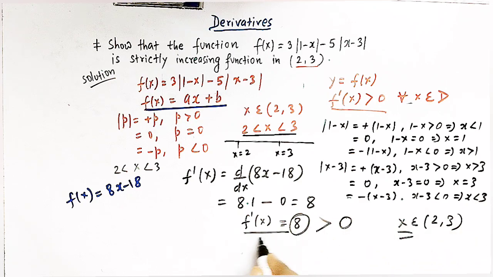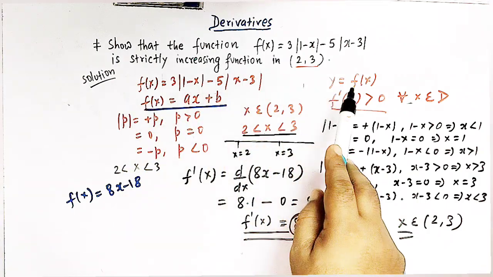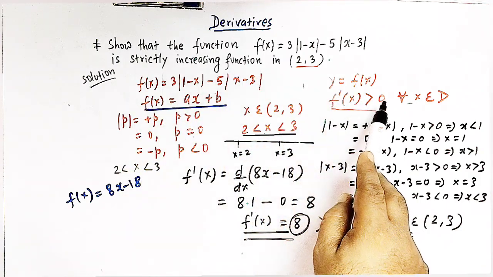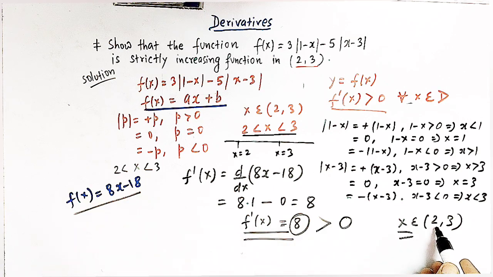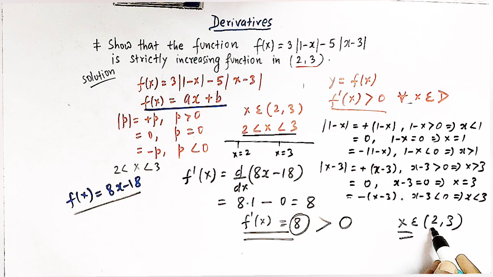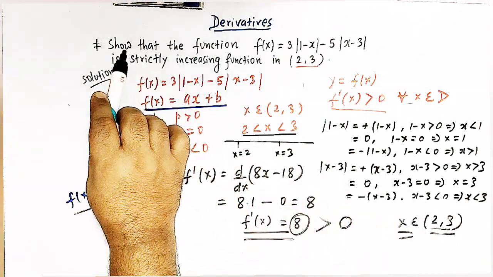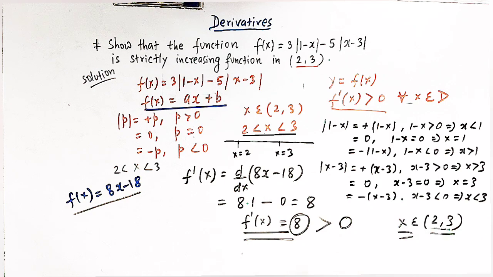This shows that the definition of strictly increasing function, that is f prime of x greater than 0, is satisfied by this function in this interval. f prime of x is always going to be greater than 0 because 8 is a constant, and it is greater than 0 for all values of x belonging to this interval. Hence this function is a strictly increasing function in the given interval.